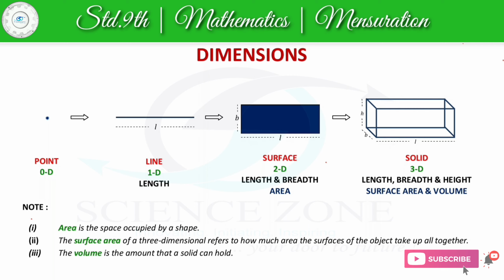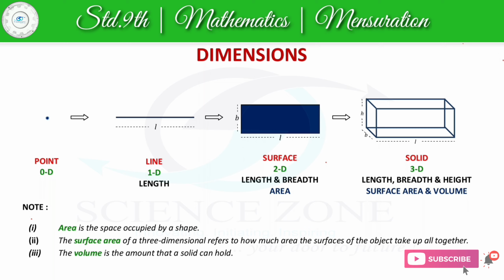These lines end in points. So, what is a point? A point is an undefined term which is used to locate a position in a plane. The point has no part, so it has 0 dimension. Whereas the line is a breadthless length, so it has 1 dimension, that is its length.